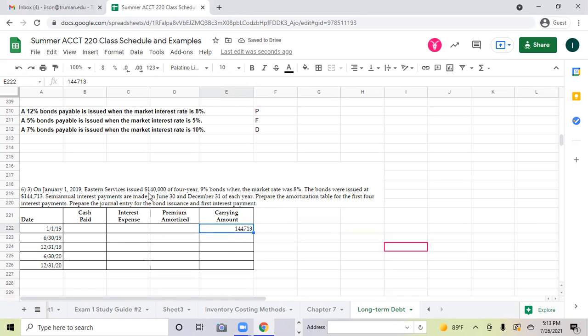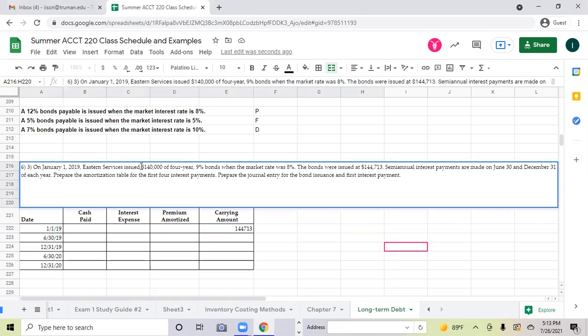The reason is, when we wrote the bonds, we wrote them as $140,000 bonds, and we agreed to pay 9% interest annually, which would be 4.5% interest semi-annually. That's what we agreed to pay.